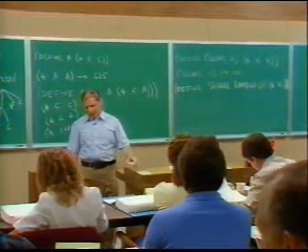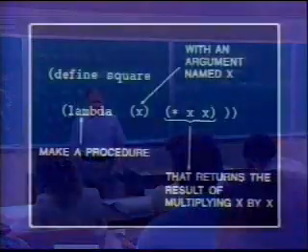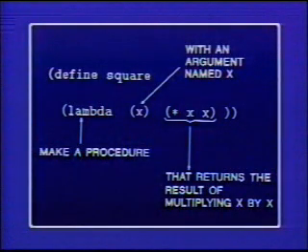The way I read that definition is: I define square to be make a procedure, that's what the lambda is, a procedure with an argument named x, and what it does is return the result of multiplying x by itself.